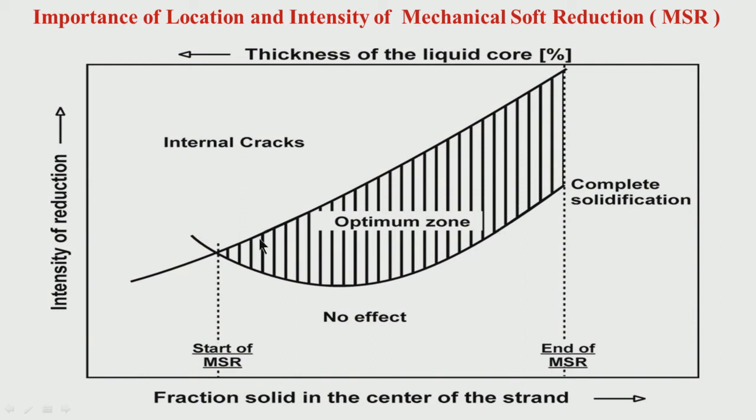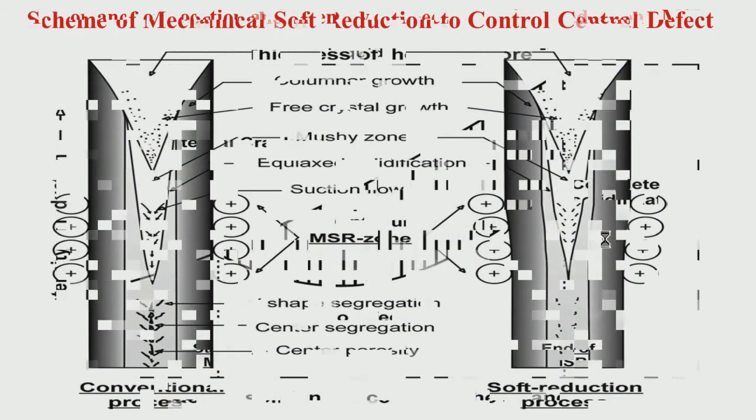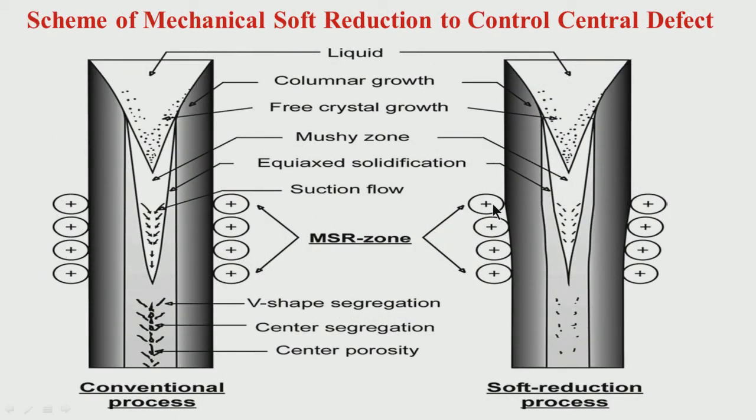Initially it is less, and as you go towards complete solidification it is relatively more, as I have shown in this diagram. Initially you see the thickness is coming down to a little extent, slowly it is increasing and finally stabilizing at a certain point, and beyond this you are not decreasing the thickness, that means you are not increasing the pressure; it is getting stabilized.